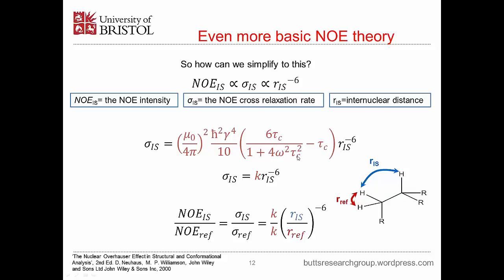And of course, if tau c is the same for every pair of NOEs that we measure in our experiment, then the two Ks cancel out, they are the same number, and we're left with a very simple expression where NOE IS over NOE ref equals the distance IS over the distance ref to the power of minus 6.